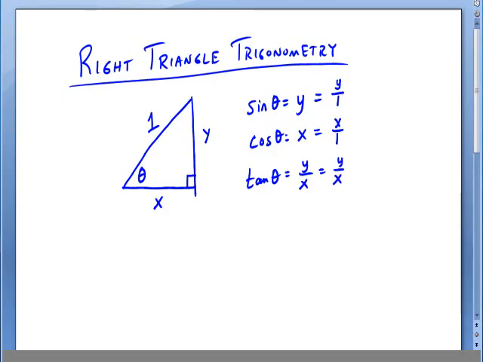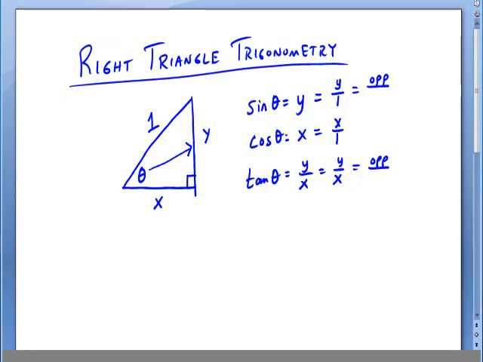And now if we look at it from this viewpoint, we have two sides of the three on our triangle. We need to come up with some definitions. From the angle theta, we have a side that's opposite from that angle, and in this case it's the side length of y. So we're going to call all of the y's opposite sides from the angle that we're working with.